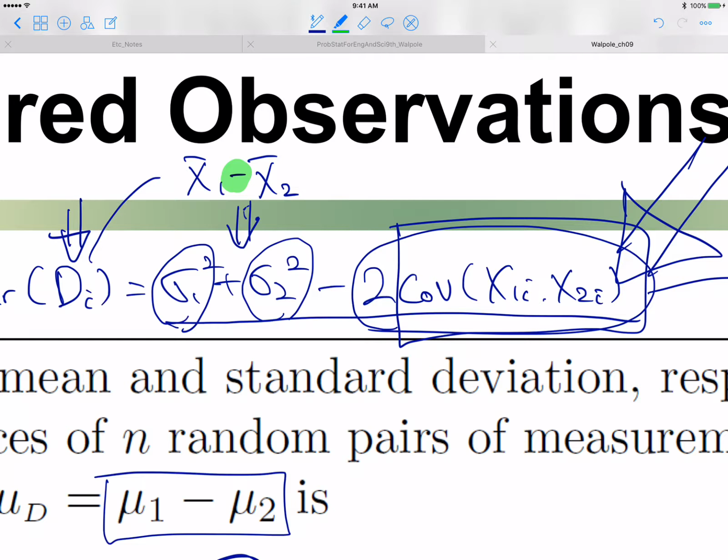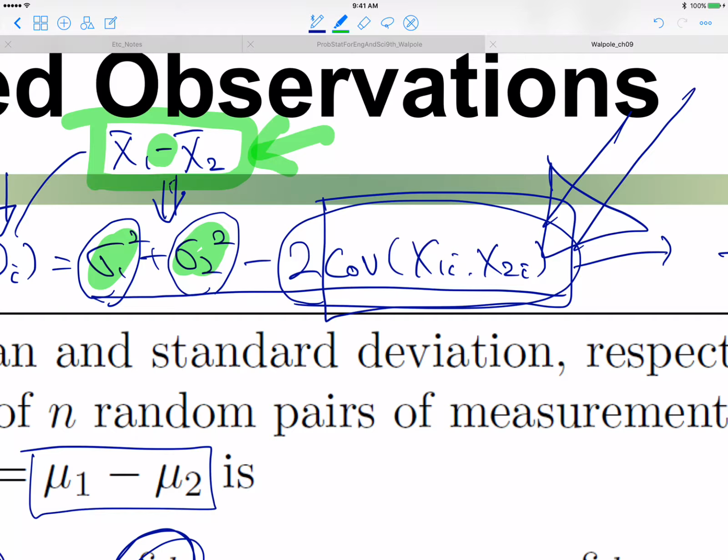And then, since we are considering the differences, our new random variable is formed as the difference between the two random variables, right? So when considering the variance of this new random variable, the variance of each random variable is contributing to the variance of the new variable. But at the same time, this covariance part contributes with a negative sign, because of this negative sign, right?